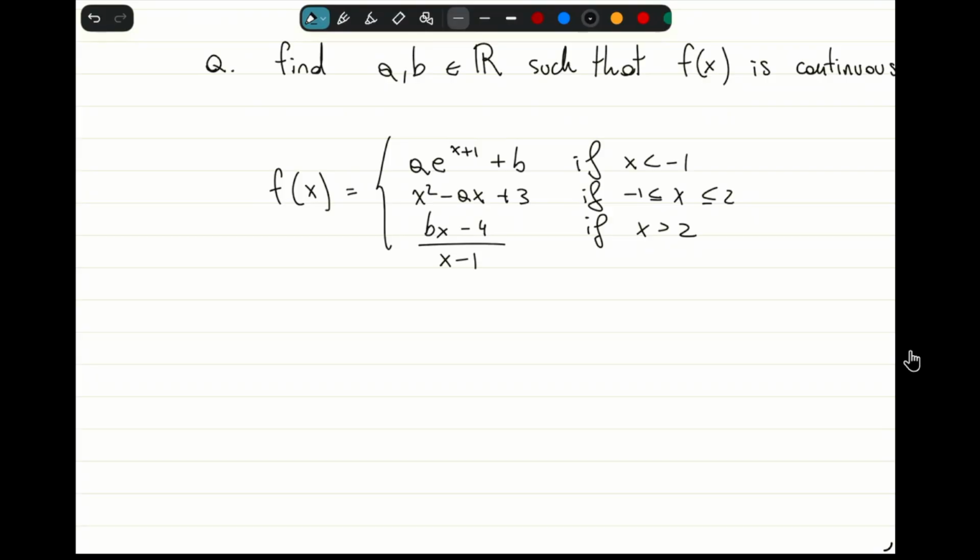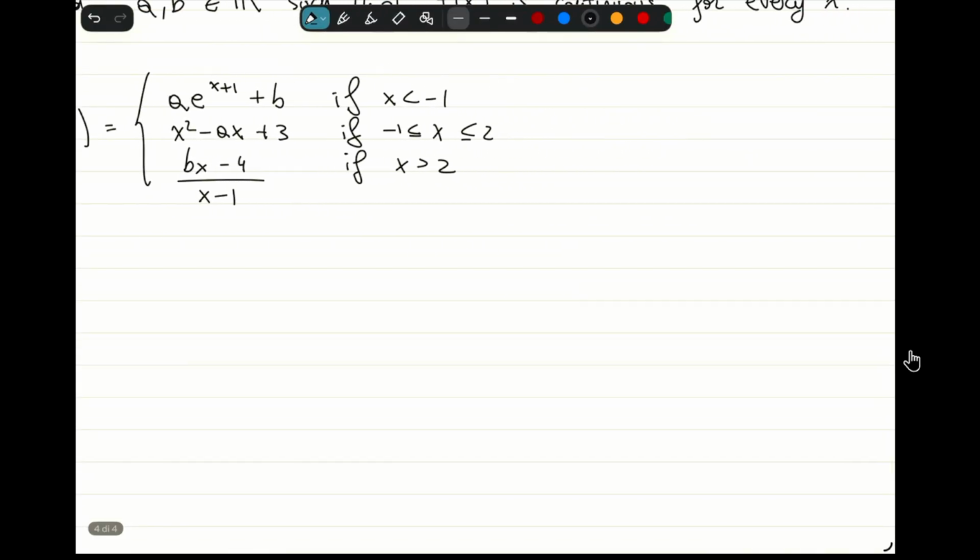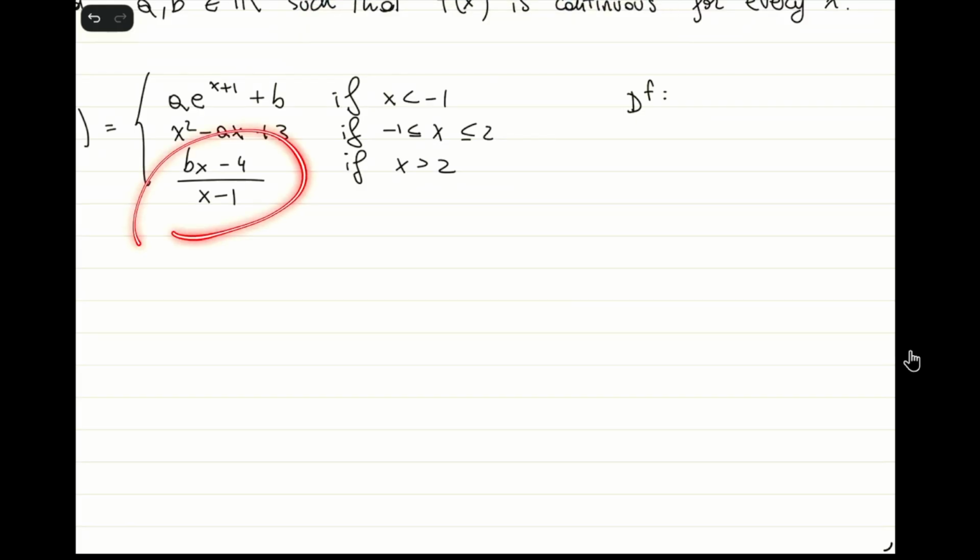Okay, so what do we do? First thing we do, again, is the domain. What can we say about the domain right now? With the factors, imagine those factors were some number which didn't change what we see. At the moment, we just need to be careful about this one right here, which will be x different than 1.